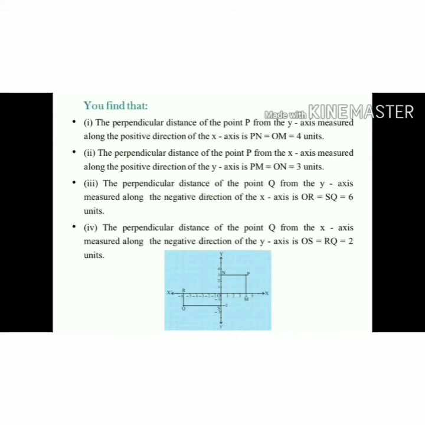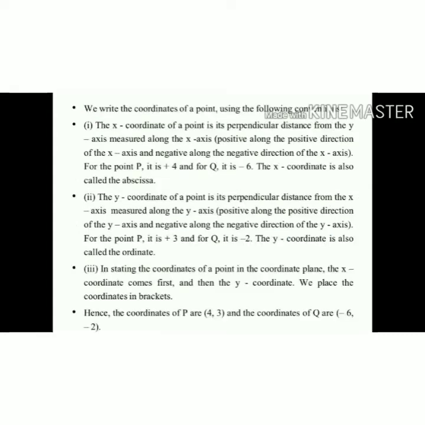We see that the distance of point P from the y-axis is PN, which is equal to OM, which is 4 units, and the distance from the x-axis is PM, which is equal to ON, which is 3 units. A similar activity can be done for point Q.